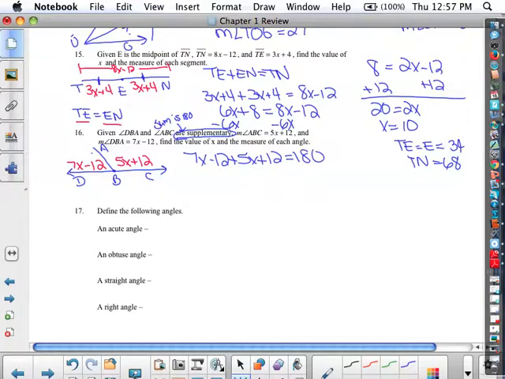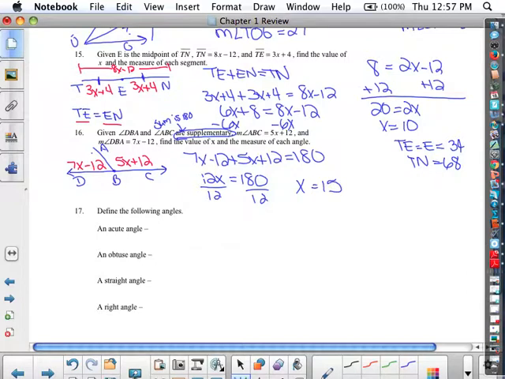Combine like terms. I have 7 and 5 is 12x minus 12 plus 12. So they cancel. So 12x equals 180. Divide by 12. X is equal to 15.